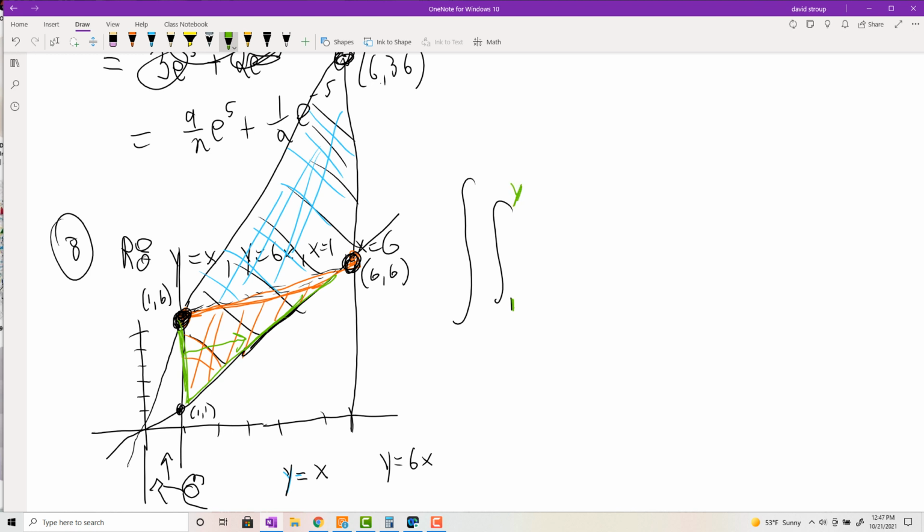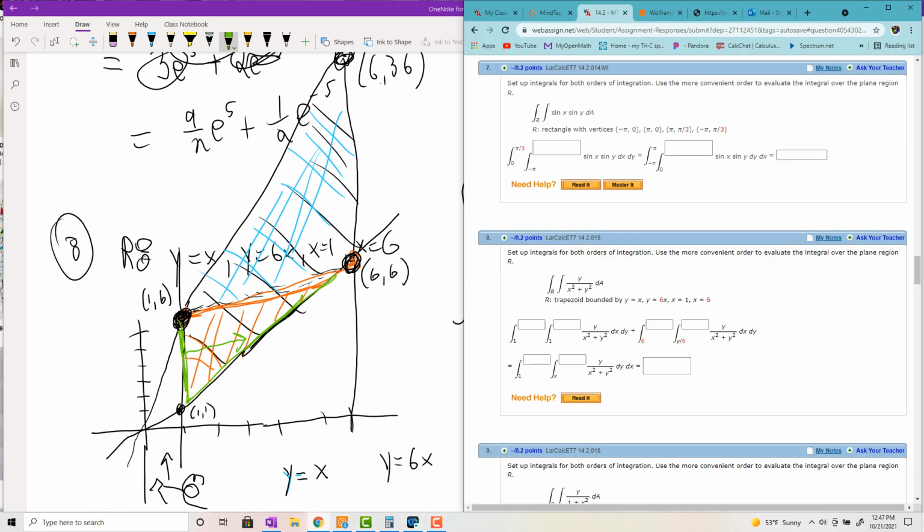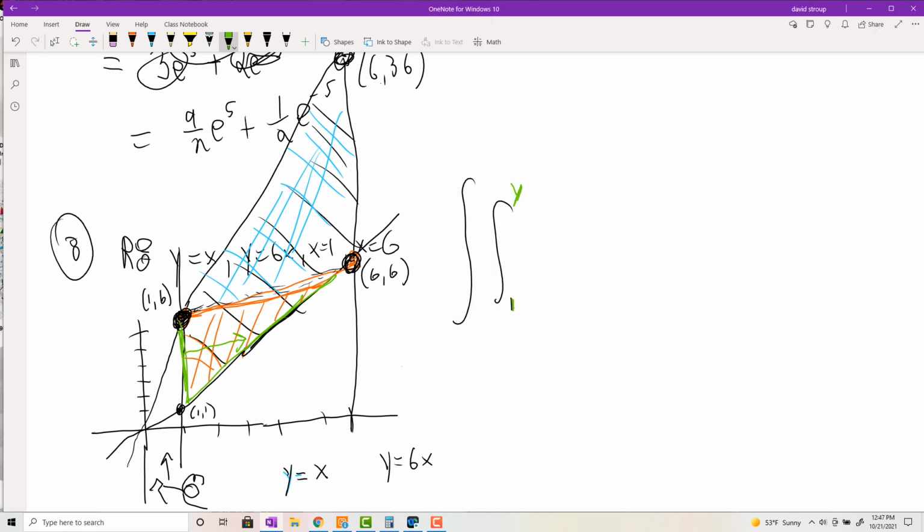And what is the function that we're integrating here? Let me find it. y over x squared plus y squared. So the first one is dx because it's going from x equals 1 to x equals y. And then dy, I need to go from y equals 1 to y equals 6. You could just literally look at the y coordinates of those points. Okay. So that's the first integral.